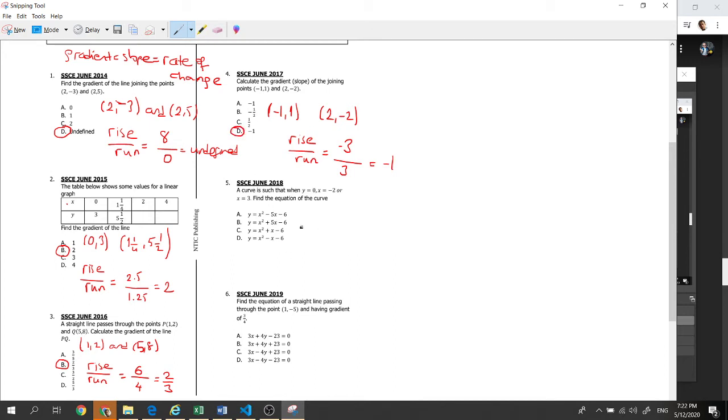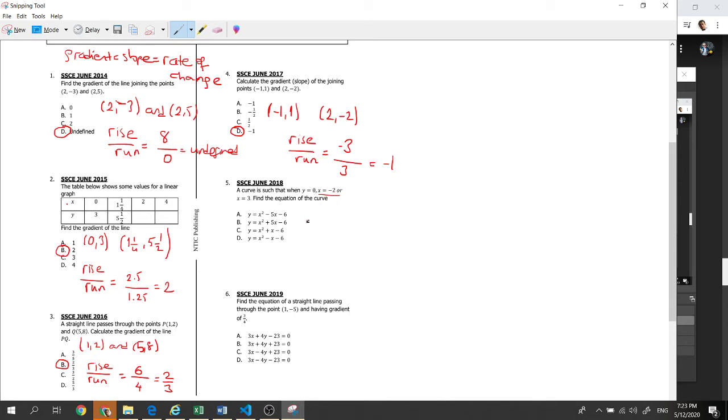Now the next question: a curve is such that when y is equal to 0, x is equal to -2 or x is equal to 3. Find the equation of the curve. What we need to do is find the solution. If instead of x we put -2, we get the result 0. Instead of x we put 3, we get the result 0.